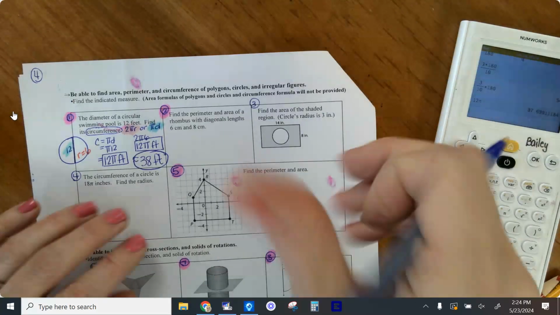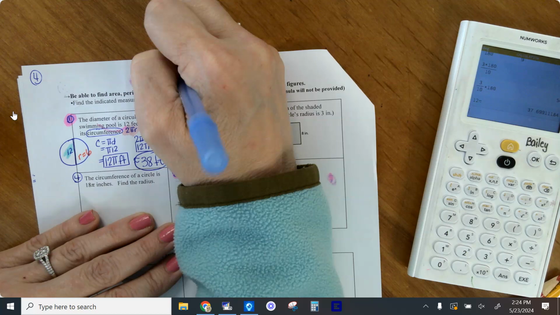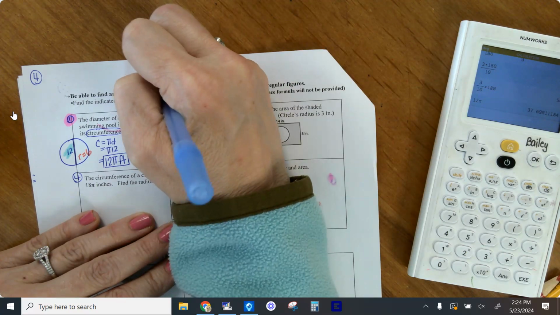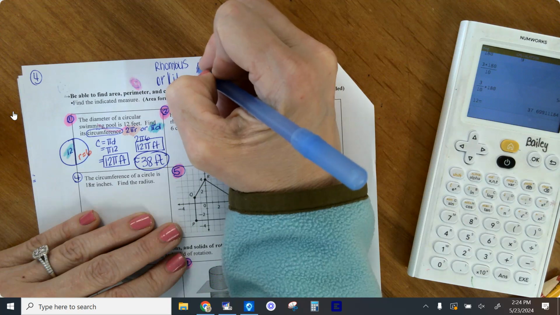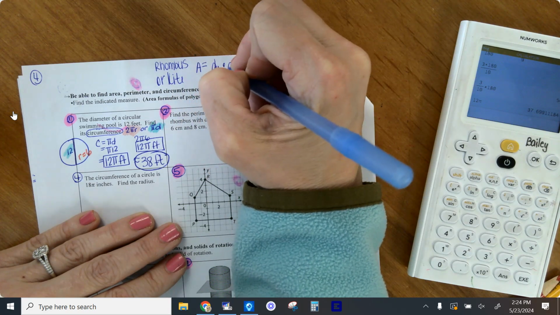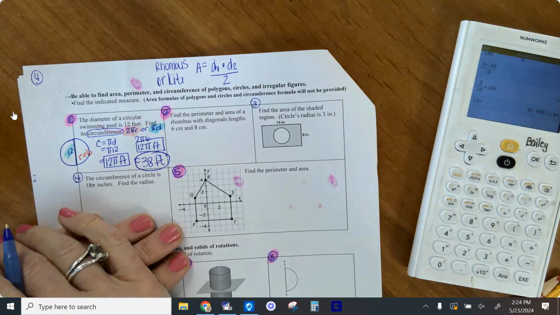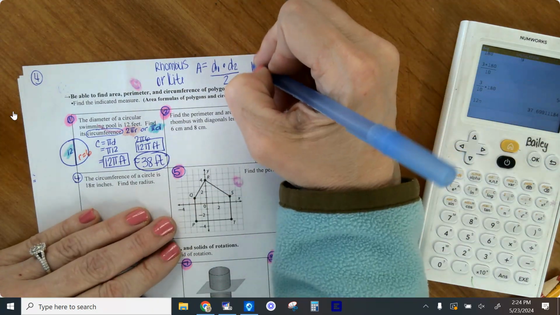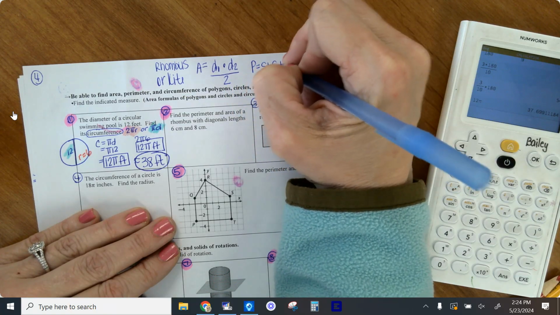Now number 2 says find the perimeter and the area of a rhombus with diagonal lengths of 6 and 8. Up here, I want you to write this down: rhombus or kite. For the area, you want diagonal 1 times diagonal 2 over 2. And then the perimeter, you have 4 sides.